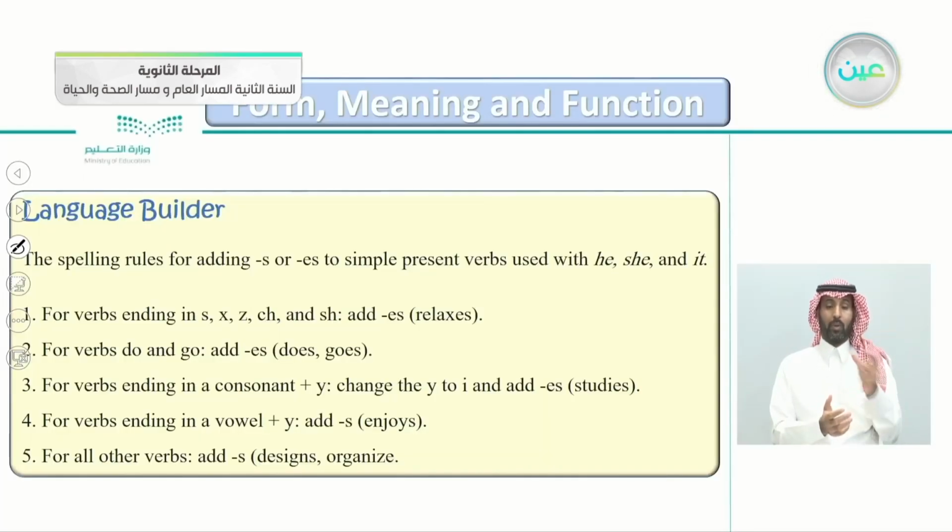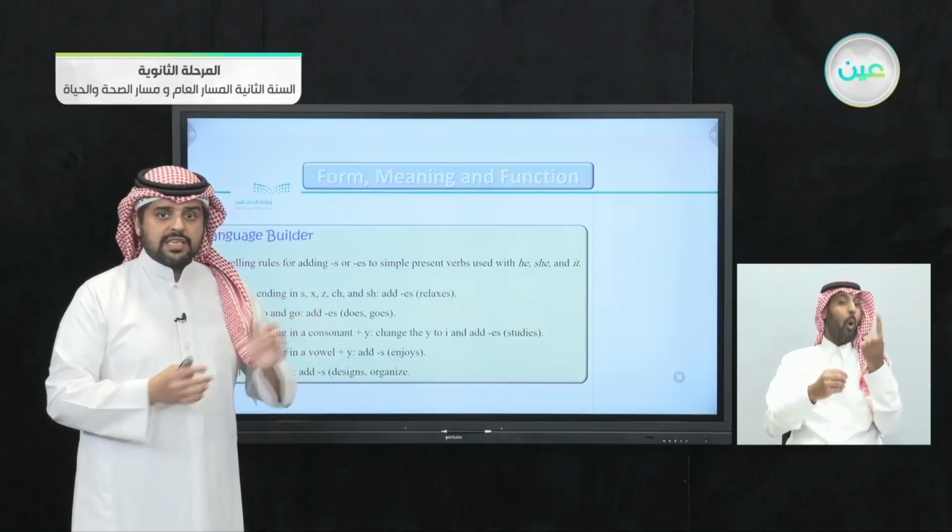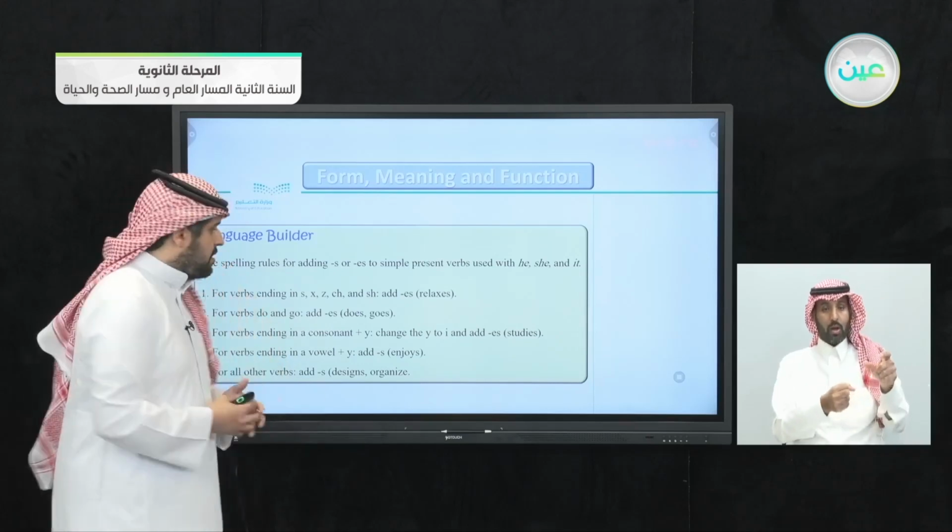Here's a language builder for you, more information. The spelling rules for adding s or es to simple present verbs used with he, she, and it. When you use the simple present with he, she, or it, we add s or es. So these are the rules, and we'll be studying them now.